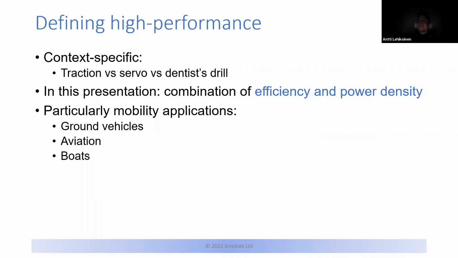In a dentist's drill, if it were powered by a motor, I think some of them are, it might mean low noise, low vibration behavior, stuff like that. But anyways, today's focus will be on traction, so a combination of efficiency and power density, and especially power density today. I will be particularly looking at ground mobility applications or mobility applications like ground aviation and boats.